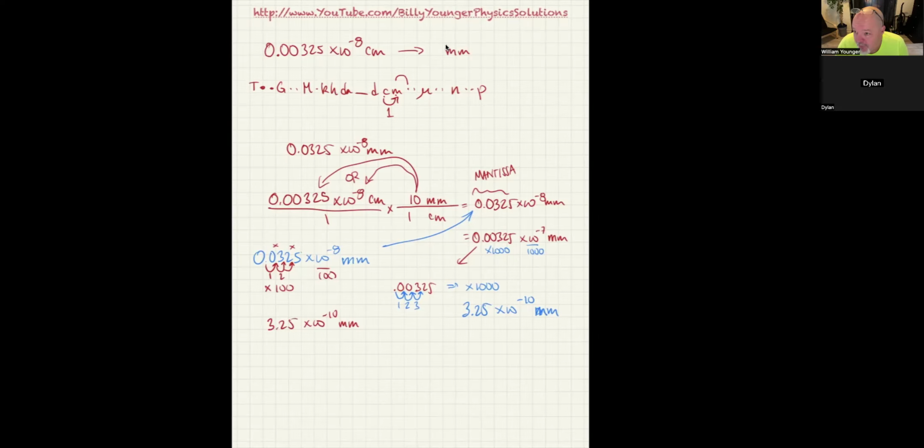Moving the decimal 3 places to the right is multiplying by 1,000, and then moving the decimal 3 places to the left is dividing by 1,000. Multiplication by 1,000 followed by division by 1,000 is the same as multiplication by 1. So it's nice to think in terms of dividing the mantissa by a number and then multiplying the power by a number, or vice versa.